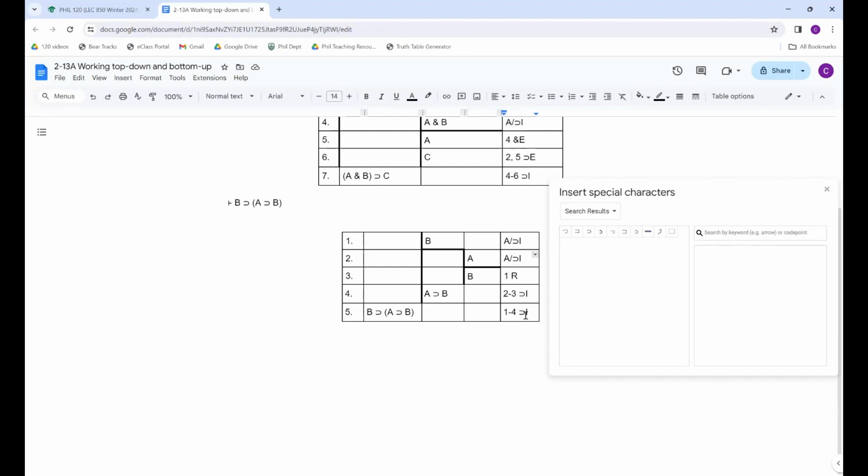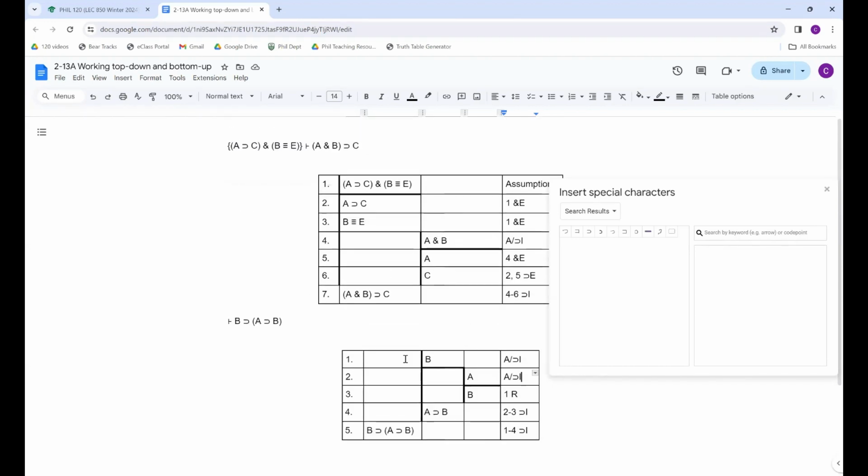You do almost everything bottom up, like you're working backwards almost the entire way, and very little you do top down. I mean, even with this one, for example, we did almost everything bottom up. We only did 2 lines top down, and one of those we never actually used.